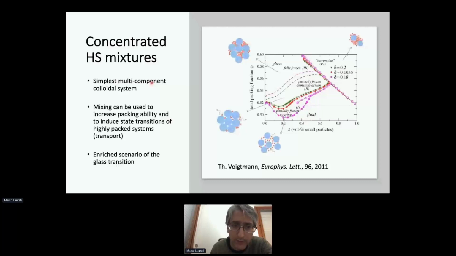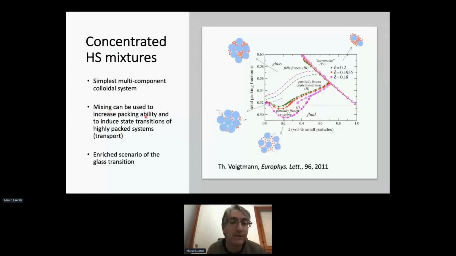So why were we interested in studying this system? Well, first of all, because these mixtures of hard spheres are the simplest multi-component colloidal system that can be used as a model for more complex multi-component systems that you might be interested in studying in applications.